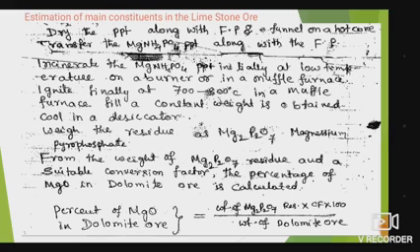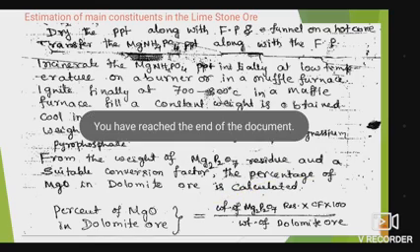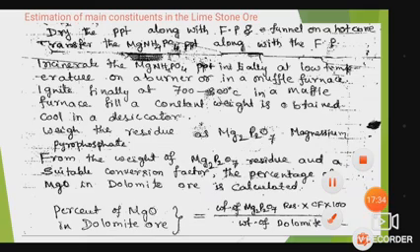Then from the weight of magnesium pyrophosphate residue and a suitable conversion factor, the percentage of MgO in dolomite ore is calculated. The percentage of MgO in the limestone or dolomite is equal to weight of magnesium pyrophosphate residue into conversion factor into 100 divided by weight of limestone ore or dolomite ore. So in this way we can calculate the amount of magnesium oxide present in the given dolomite or limestone ore.